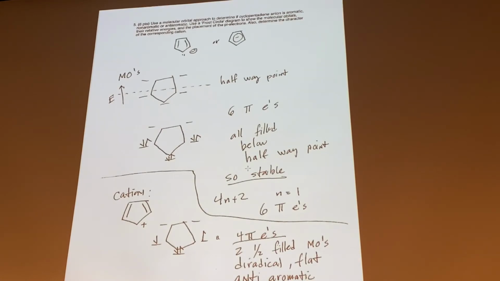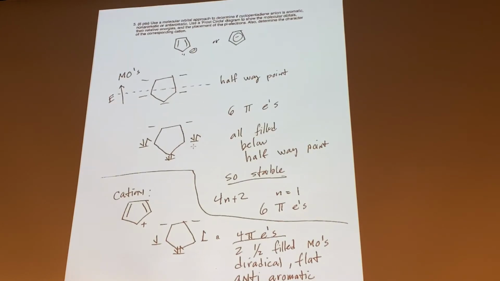This one just involves more details, analyzing from the Frost circles why this compound is aromatic. And so here's the Frost circle on its edge there with the corner at the bottom, and then you can imagine the circle there. And you see the 6 orbitals there are below the halfway point. And in this anion, that's the 6 electrons right there in those molecular orbitals.